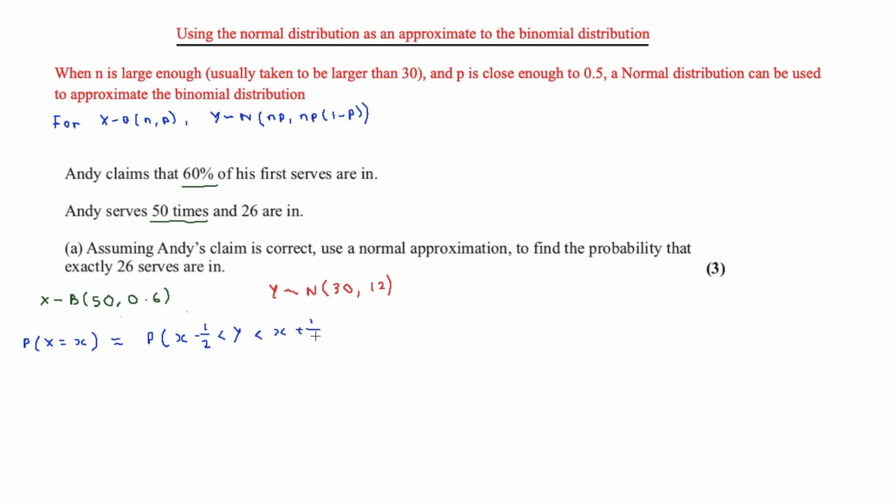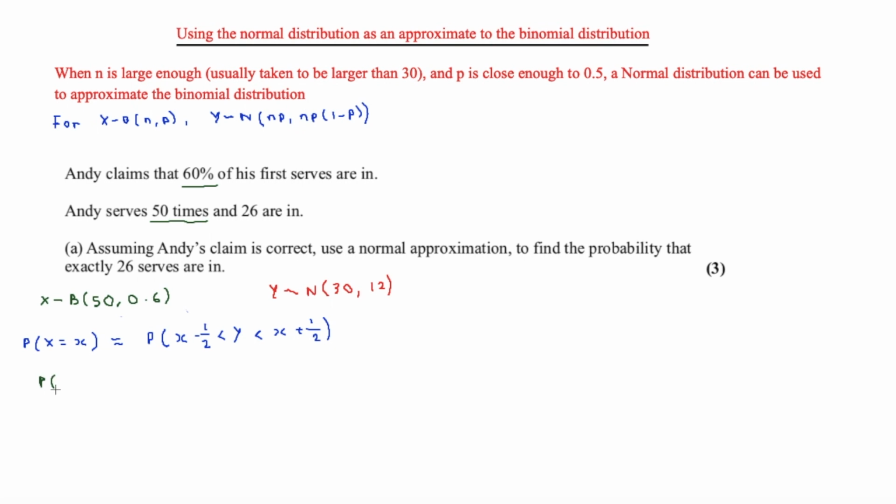Now we'll look at continuity corrections throughout this video, so that's just one example here, and we will have other ones where it's not equal to something, but when it is equal to something, that is what we have to do.